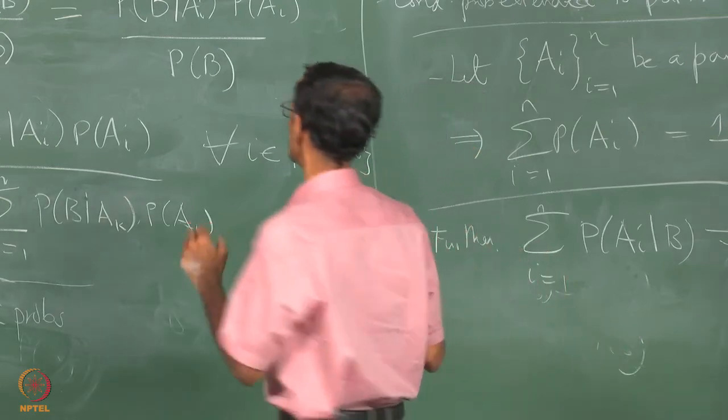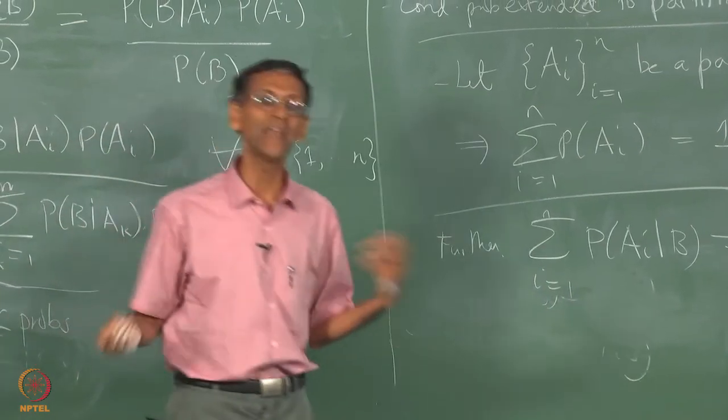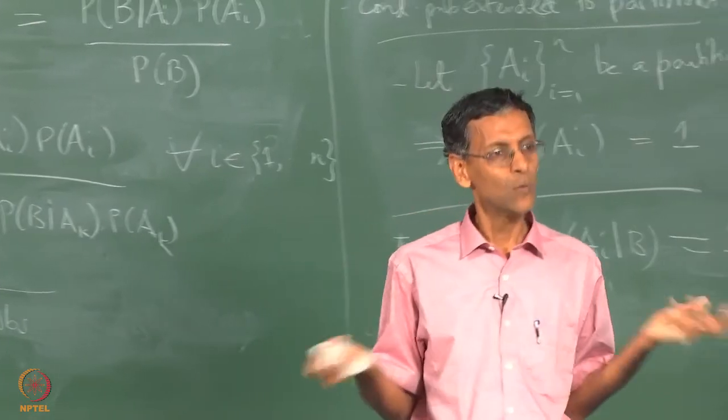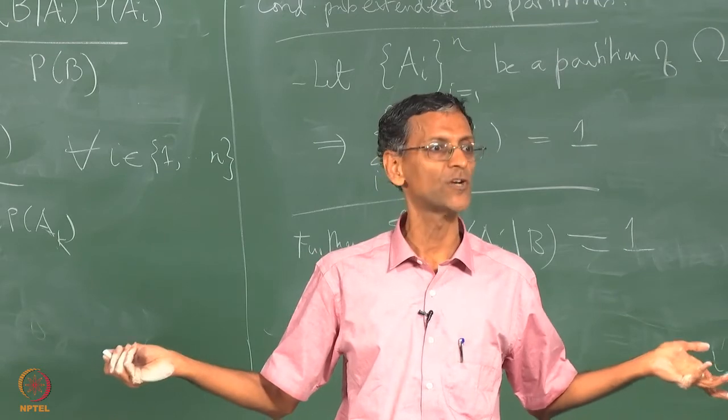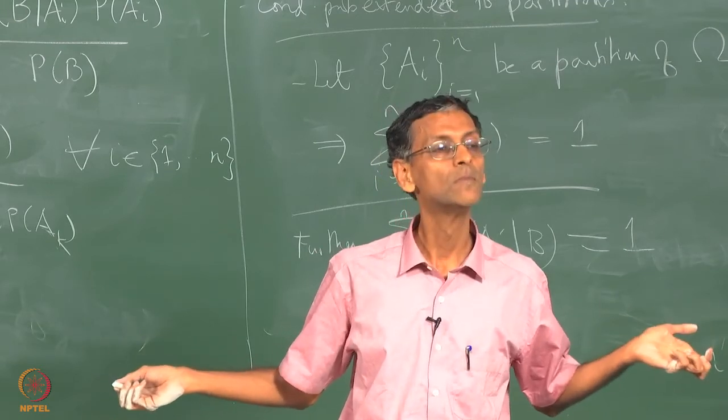In particular, if some of these A_i do not intersect B at all, then the prior probability can be some positive quantity, but the posterior probability will be 0.